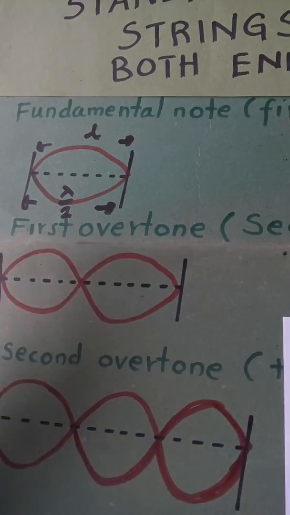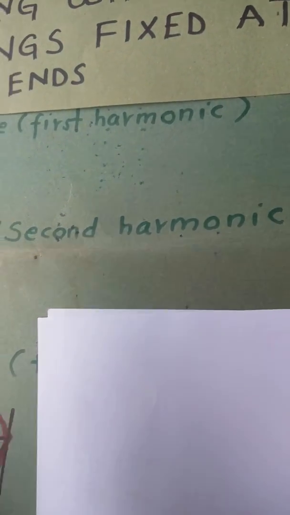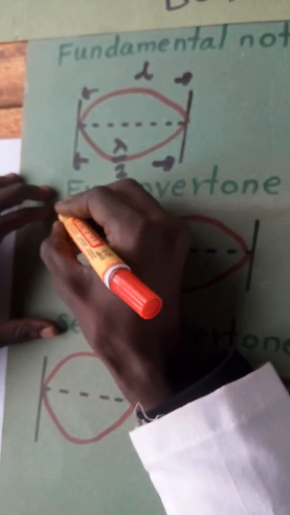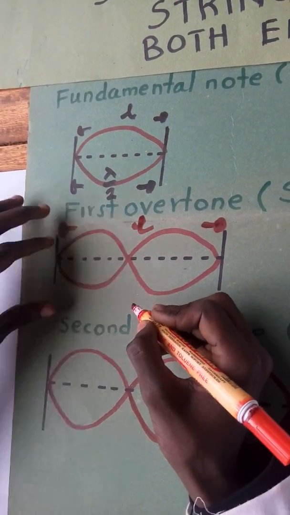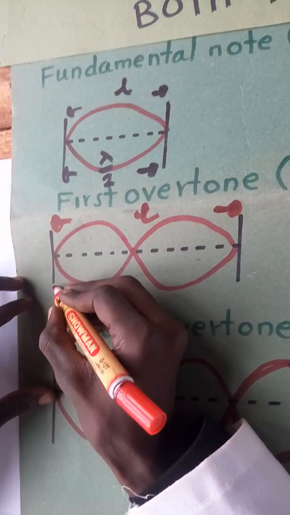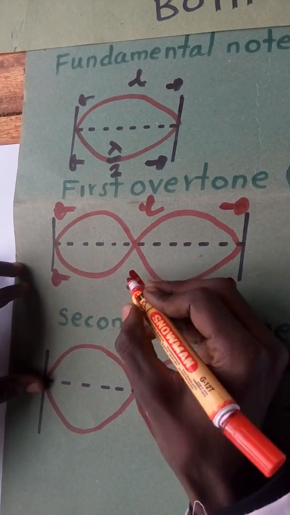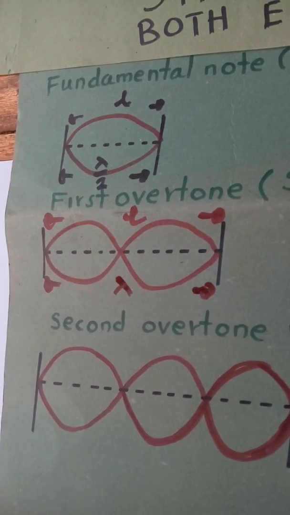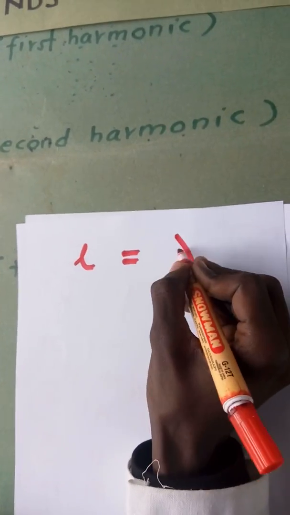Okay, for the first overtone, which is the second harmonic, this is the length of the string, which is equal to a wavelength, because this is a complete cycle. Therefore, length of the string is equal to wavelength.